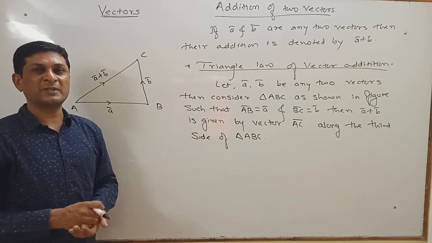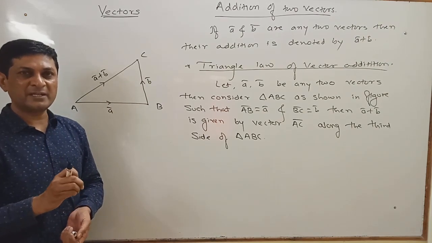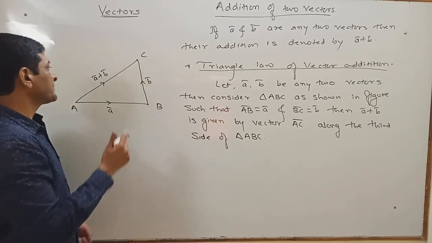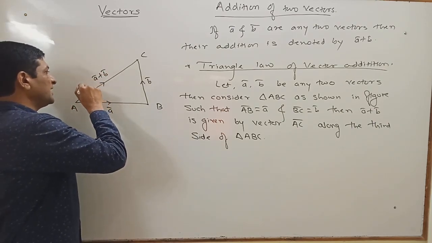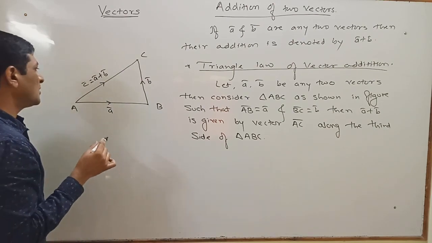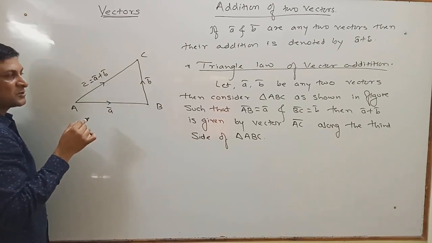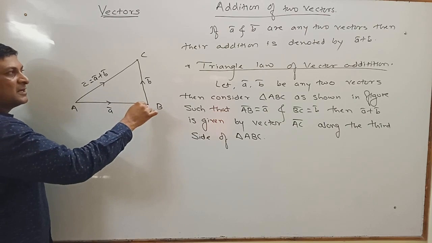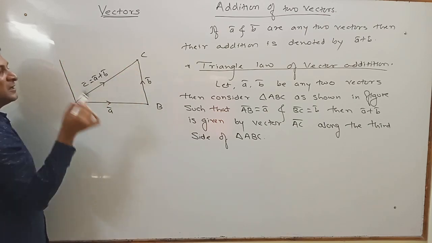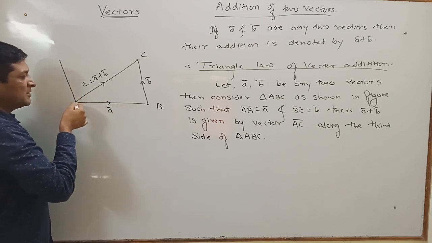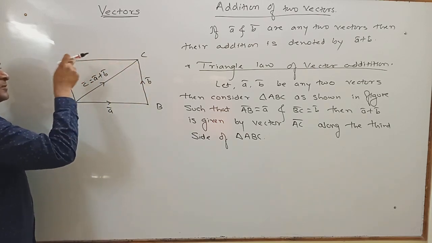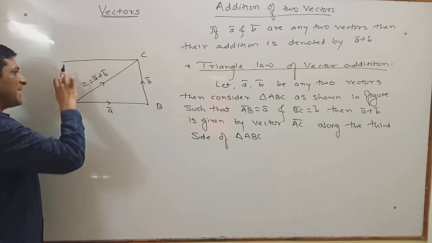Now let us discuss whether the commutative property is satisfied or not in the case of vector addition. So I am denoting this new vector a bar plus b bar by c bar. Now draw a segment parallel to BC through this point A, and draw a line parallel to AB through this point C. In this case, the new quadrilateral which we will get will be a parallelogram.